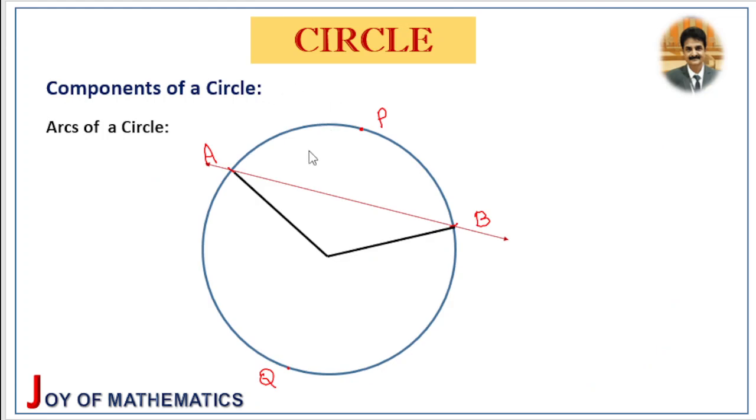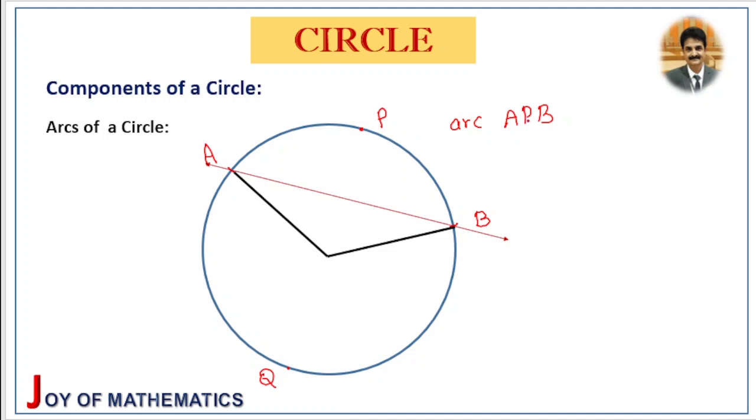If we go further, here I've taken a secant AB and divided this circle into two parts. Each part is said to be an arc of the circle. I can read it in three-letter form. A and B are the end points of this arc, and I've taken a letter P so that I can identify which arc I'm talking about, the below arc or the above one.